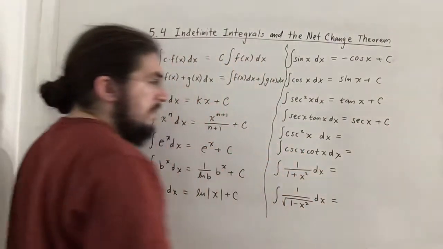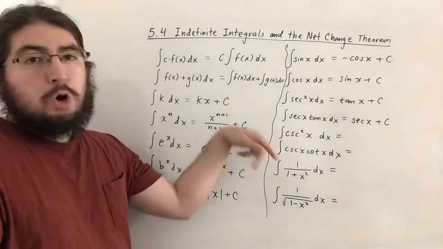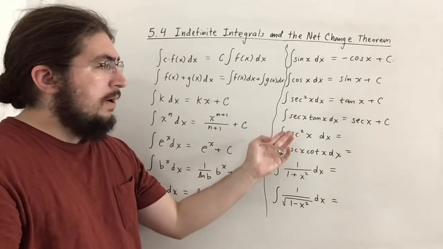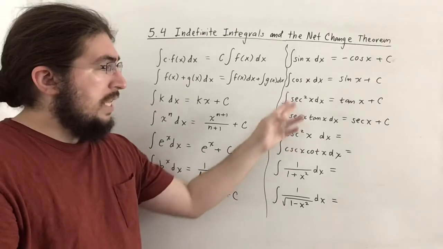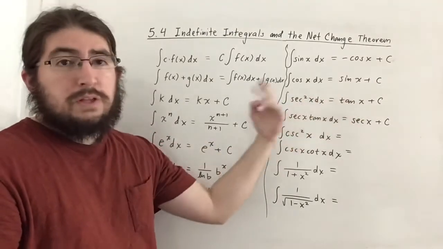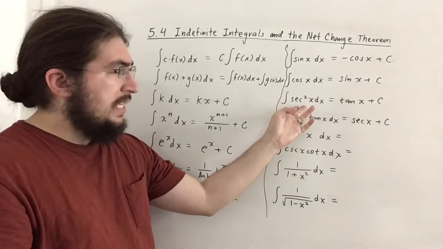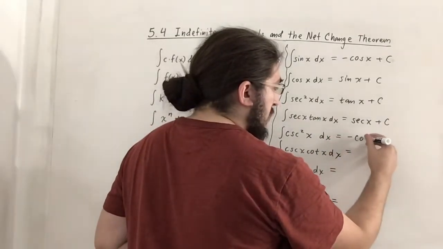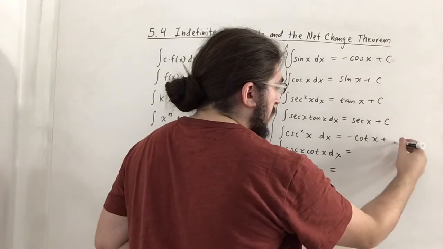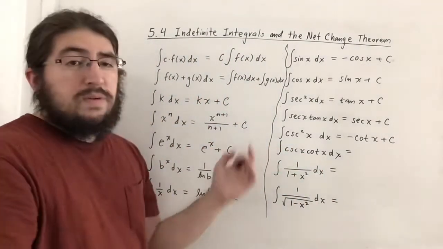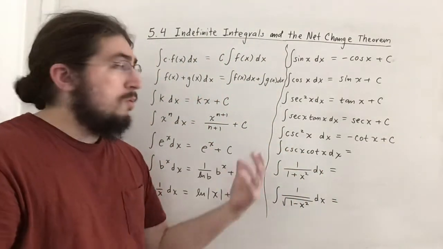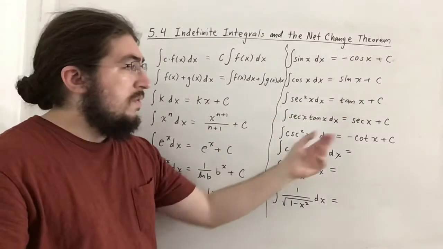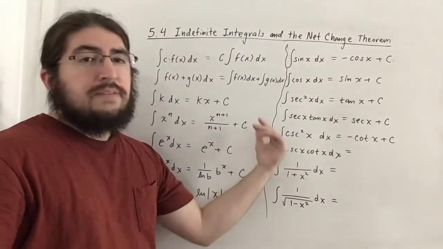The next ones are a little funny, but they're the co counterparts, but negative. So the antiderivative of cosecant squared is negative whatever the antiderivative of secant squared was, but with a co. So the antiderivative of secant squared is tangent, antiderivative of cosecant squared is negative cotangent. And this is of course true because there's a very similar rule in reverse: since derivative of tangent is secant squared, then the derivative of cotangent is negative cosecant squared.